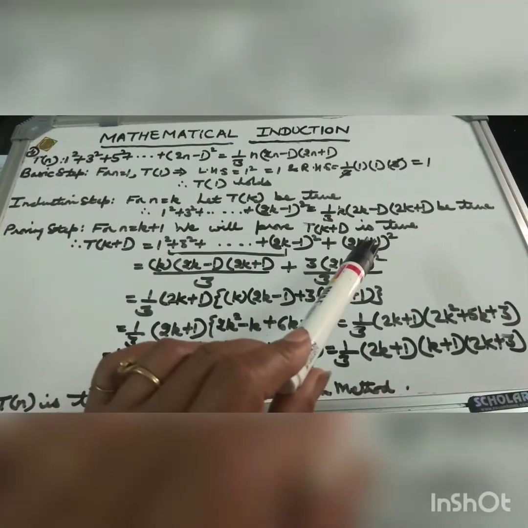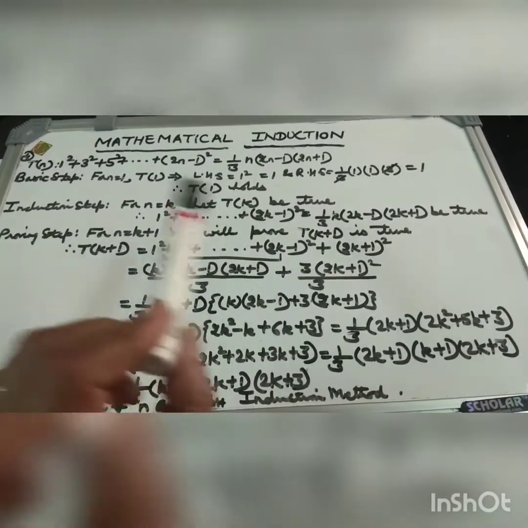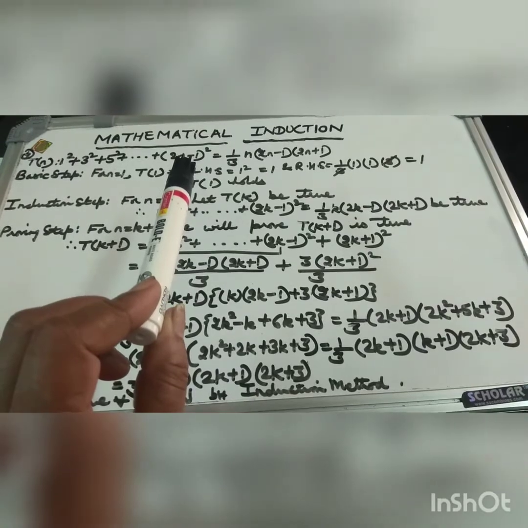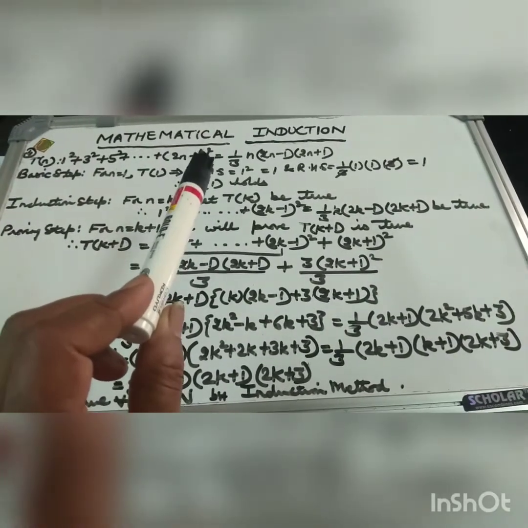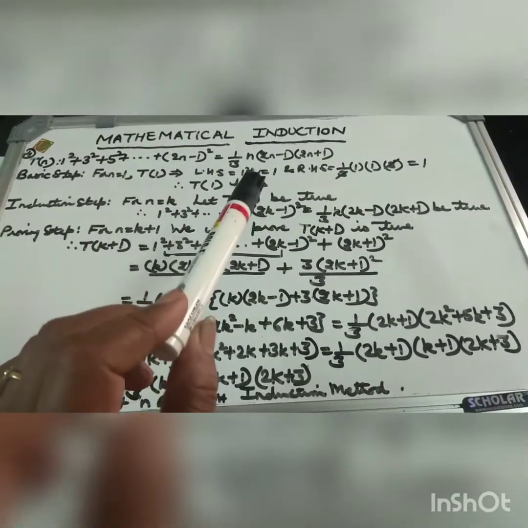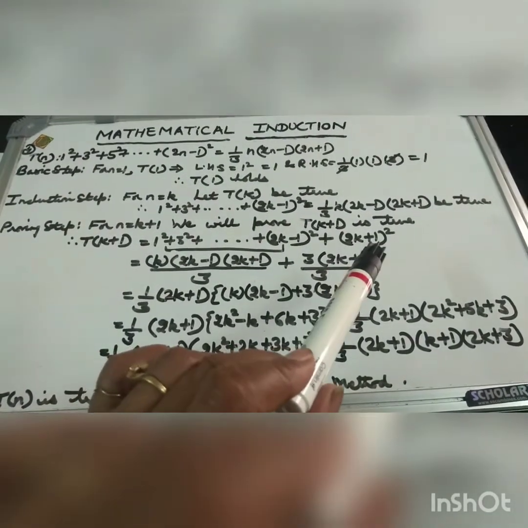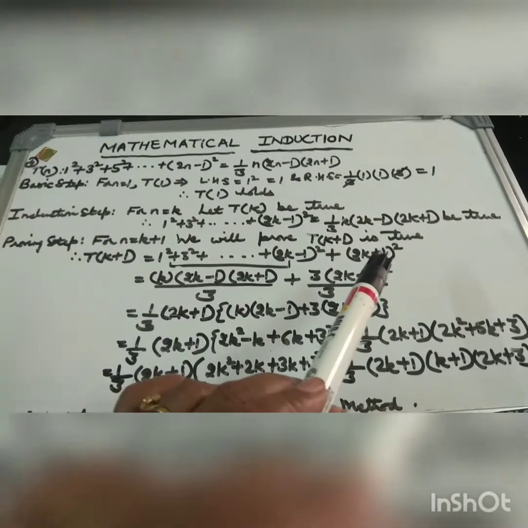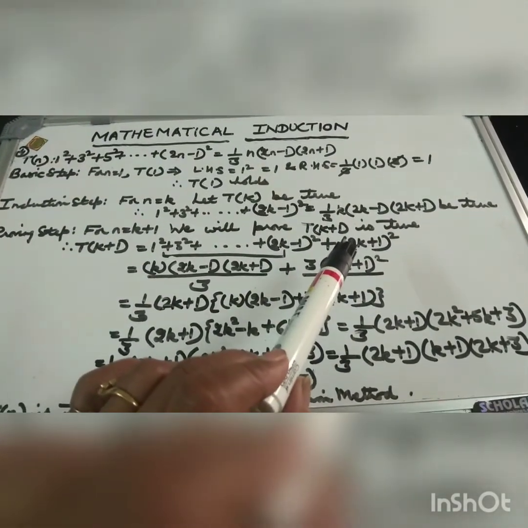Now the (k plus 1)th term will be obtained by putting n equals k plus 1. And if you put n equals k plus 1, 2 into (k plus 1) minus 1 becomes (2k plus 1) whole square. Please note the step and understand this term.